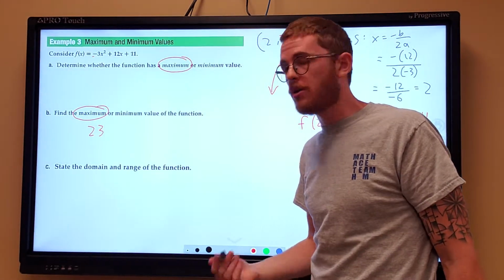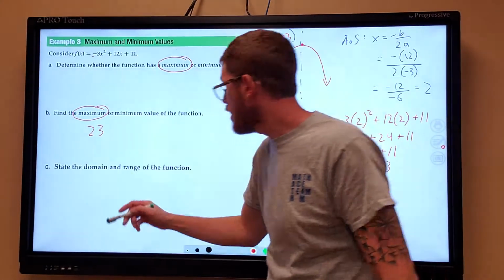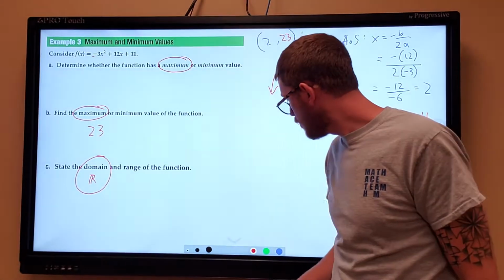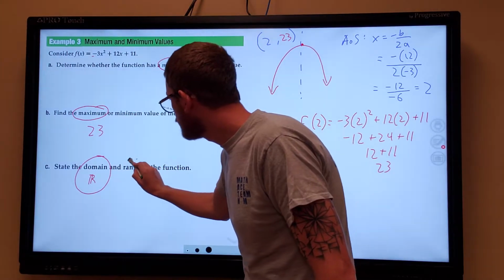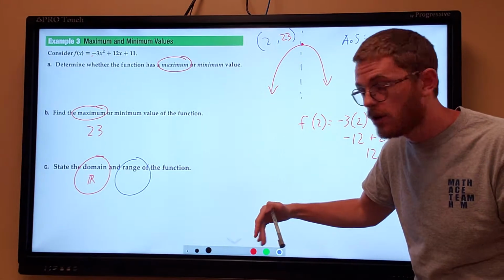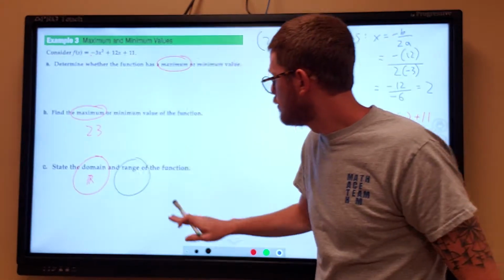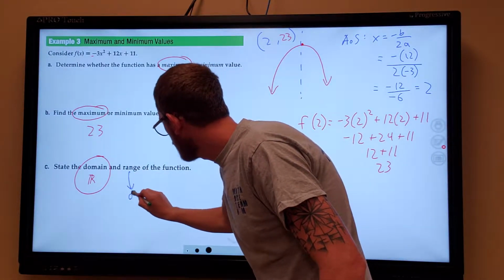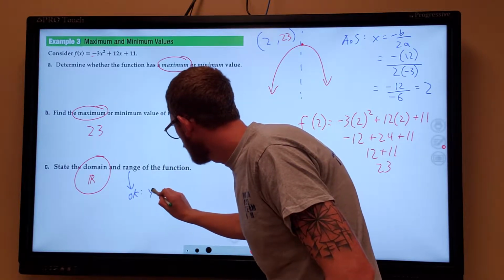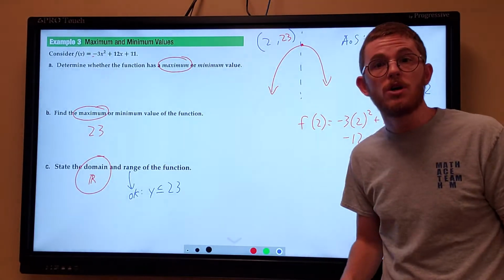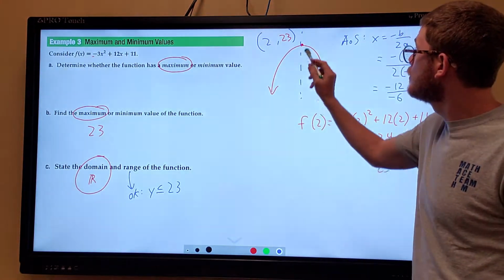Finally, stating the domain and range. The domain, this is a quadratic, so we know the domain is always all real numbers. The range, well, this is opening down. So again, the okay way of saying this is all y values less than or equal to 23.